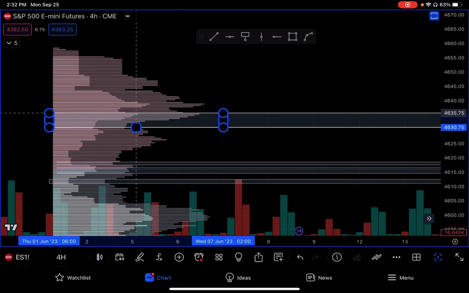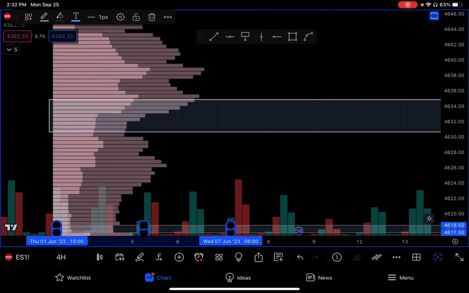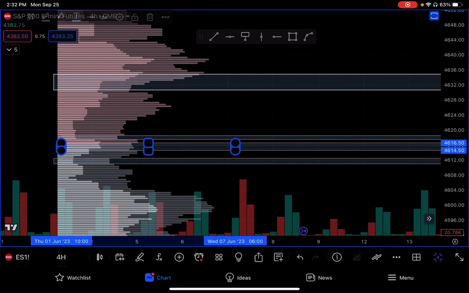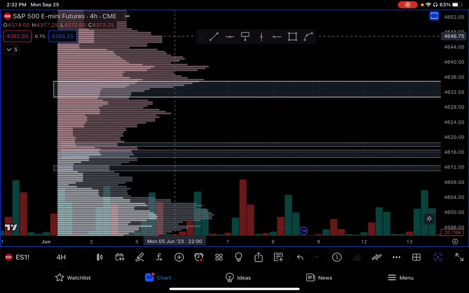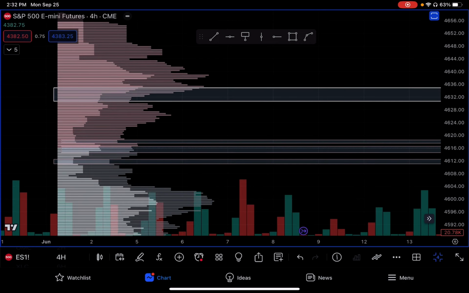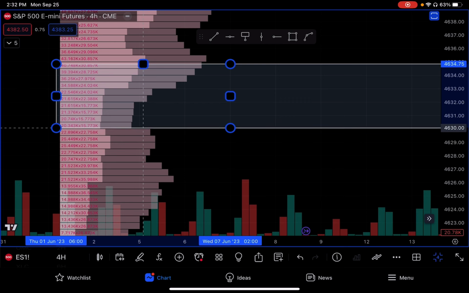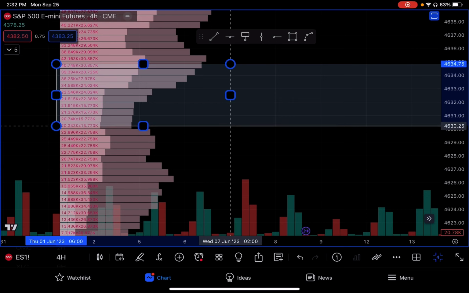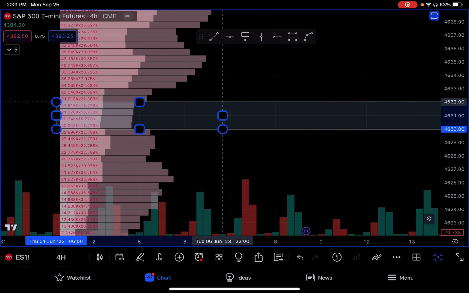Okay, so if price does travel up, this is why we mark these LVNs here that separate value, because if price travels up out of value, it's probably going to range in that small, low volume part out of value. Okay, so there and there.